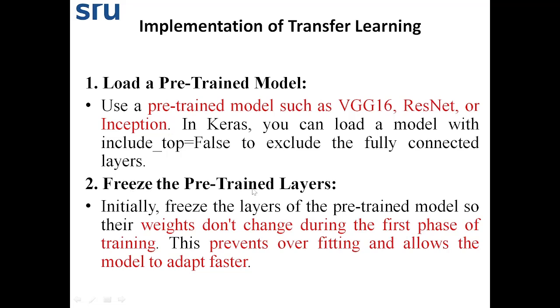Freeze the pre-trained model. Initially freeze the layers of the pre-trained model so their weights do not change during the first phase of training. So this is the meaning of freezing, and it prevents overfitting and allows the model to adapt faster.